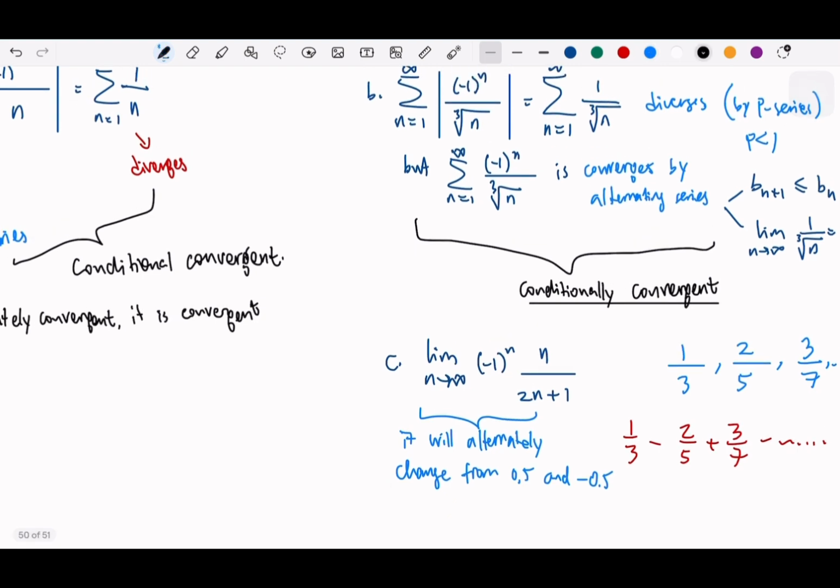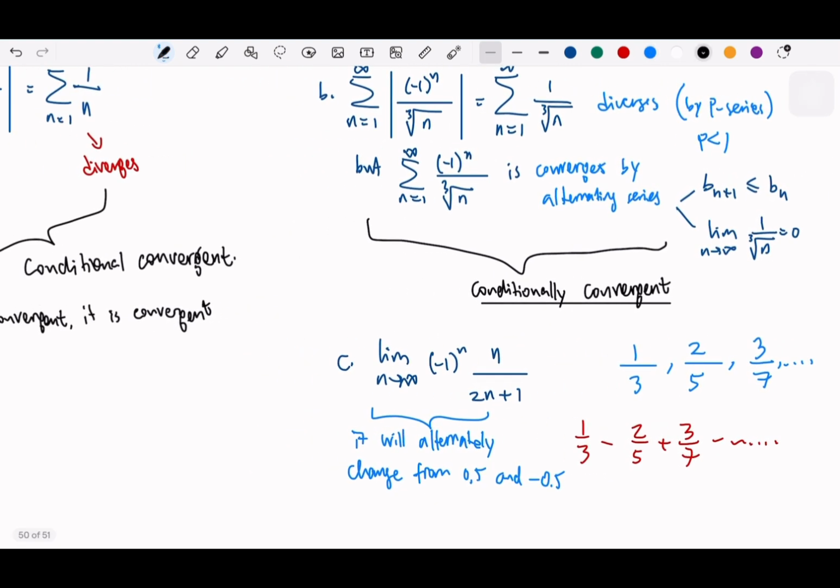So we could also consider, since this is going to be 1/2, the absolute value.